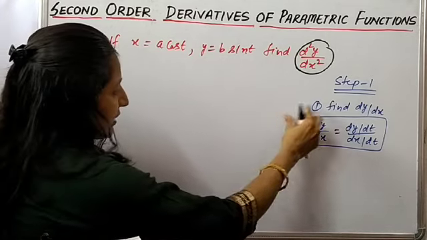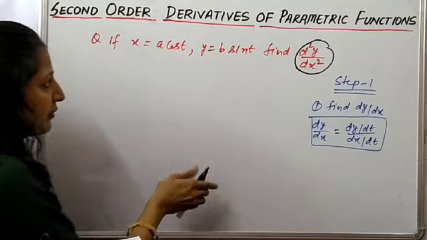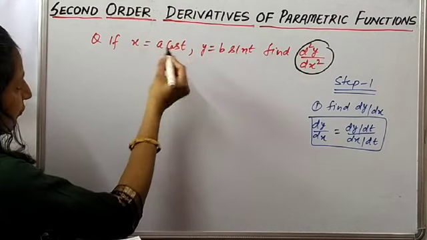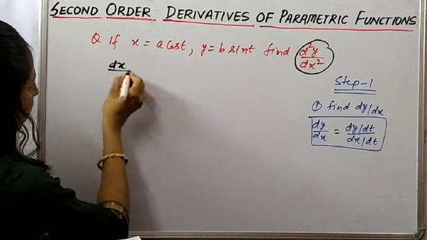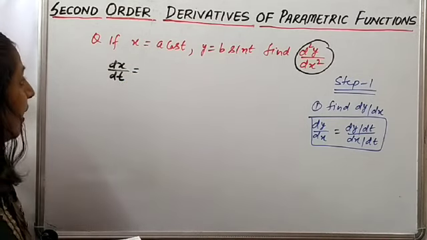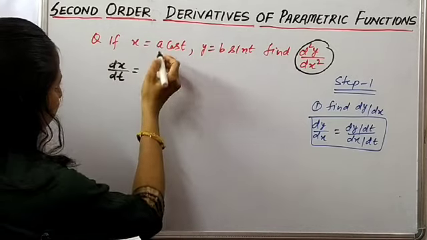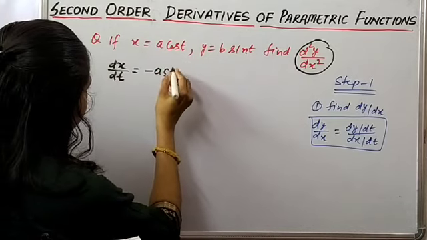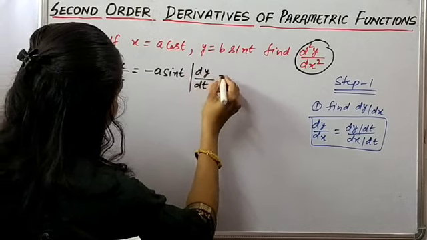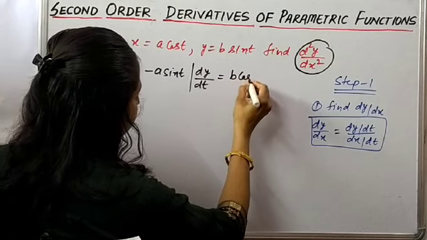First of all, in our first step, we will find dy by dx, that is the first order derivative. For this, we will differentiate x with respect to t. So dx upon dt: the derivative of cos t is minus sin t, and here a is constant, so it will be minus a sin t. Next, the derivative of y with respect to t will be b cos t.